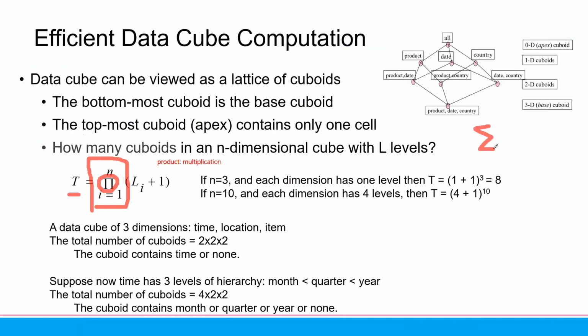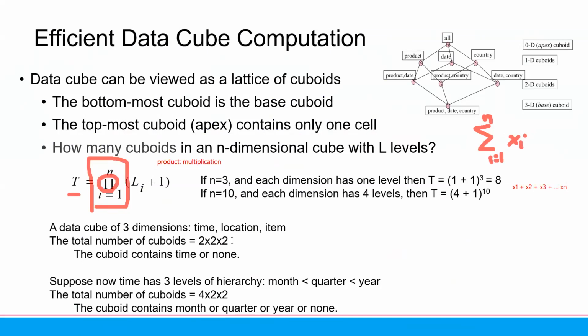Sigma is summation. You will add. For example, if we have sigma xi from i equals to 1 until n, then it will be x1 plus x2 plus x3 plus until xn.